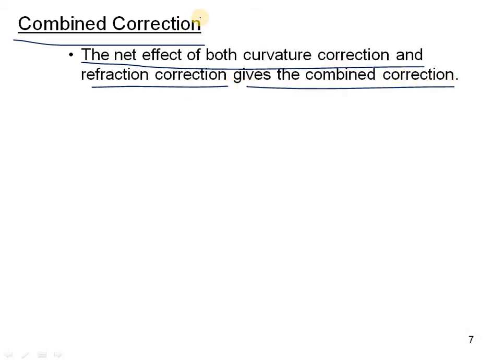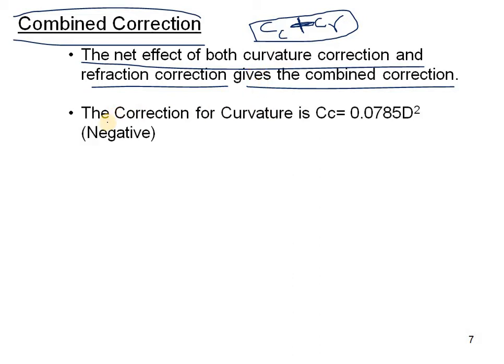That means the combined correction is nothing but CC plus CR, correction for curvature and correction for refraction, in which the net effect of both is included. The correction for curvature CC is 0.0785 d square, that is negative.